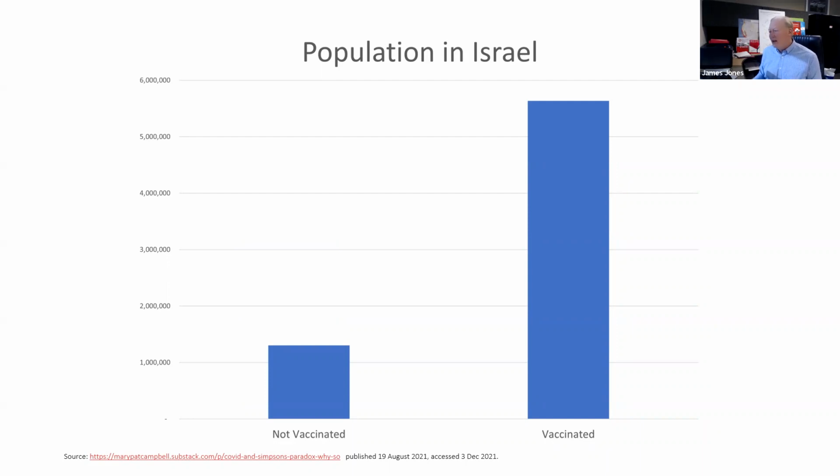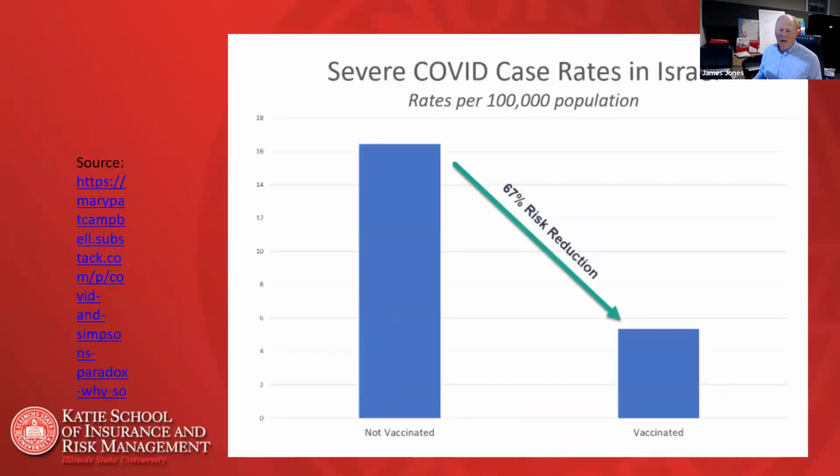So the fact that you have, in absolute terms, more people who are catching COVID, even if it's severe, may not surprise you. Here's probably something you'd want to see: I want to see the actual rate per 100,000. And you say, oh, okay, the actual risk reduction on COVID cases is much higher.